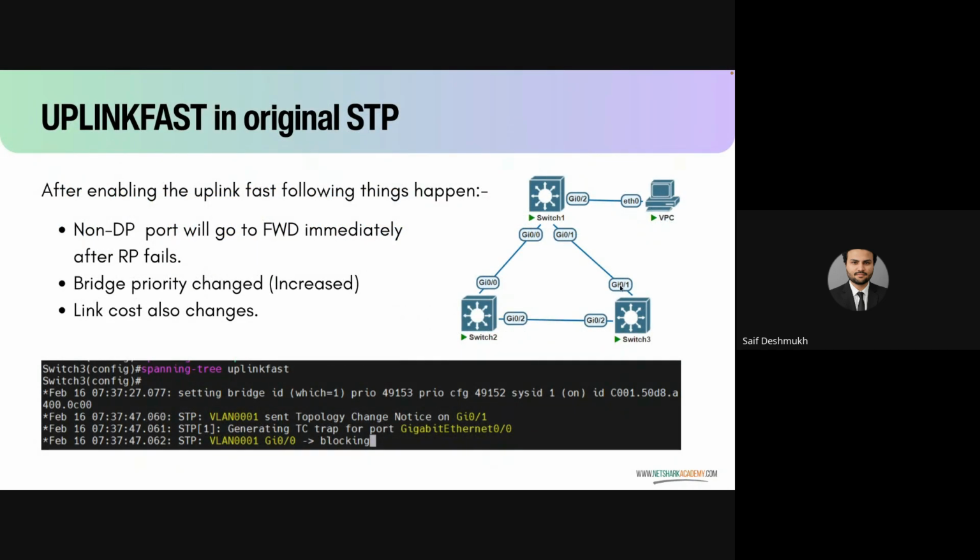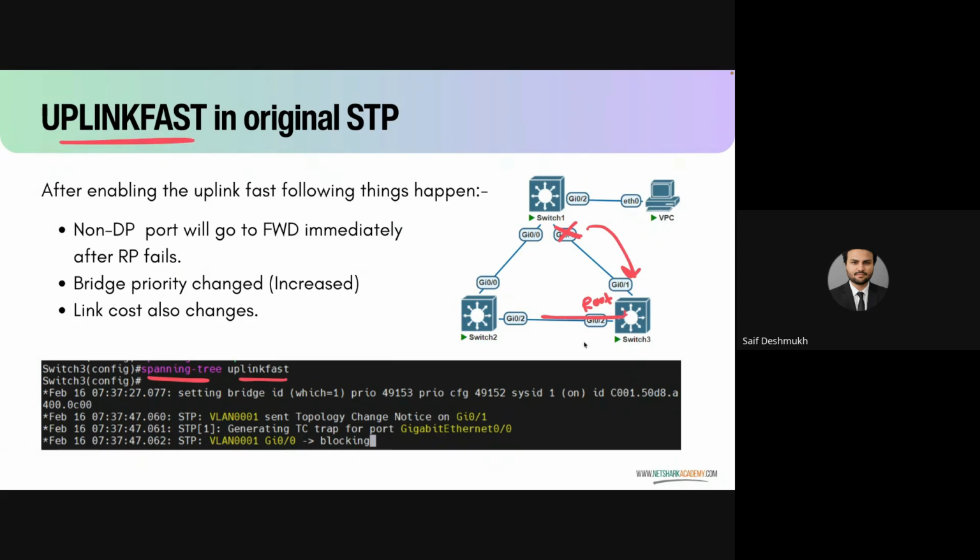To make it faster, if again we lost this interface and switch 1 stopped sending us BPDUs, we have to immediately start considering this interface as a root port. To do this, we can enable UplinkFast. Here I have enabled spanning-tree uplinkfast.